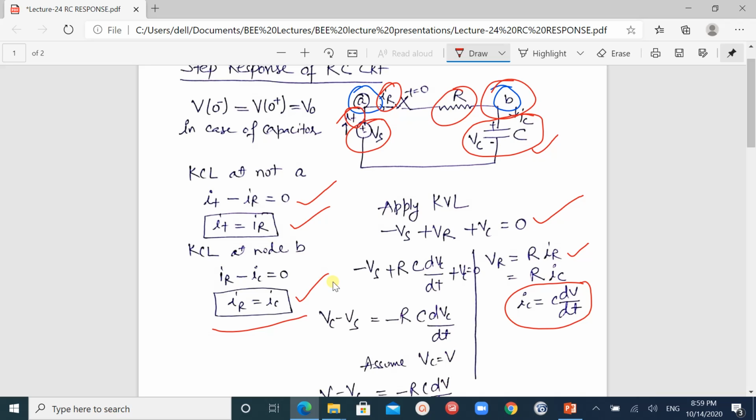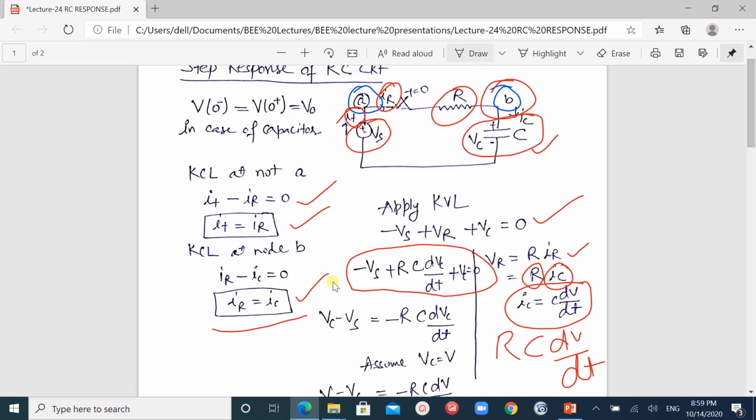So the equation can be written as minus Vs plus R, here I put the value of IC, it will become R C dV by dt, plus Vc is equals to 0.